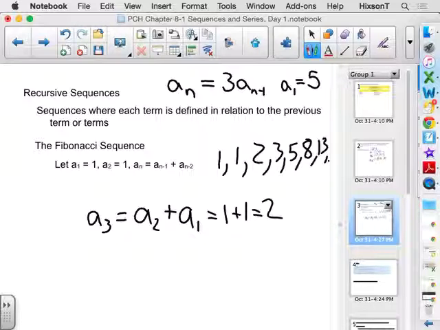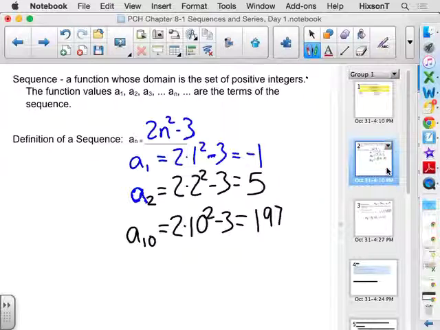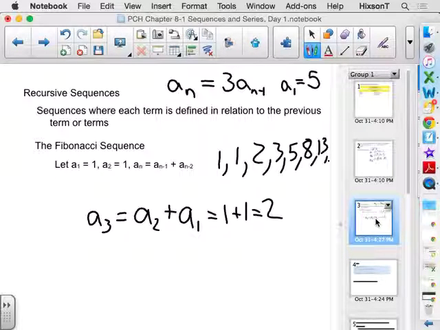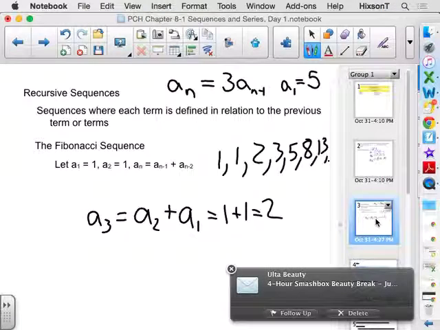You're asked for the 6,000th term. Think about this previous one we looked at. If we want the 6,000th term, we just plug in 6,000, right? What do we have to do if we want the 6,000th Fibonacci number? Yeah, you've got to find the first 5,999 of them in order to get the 6,000th.